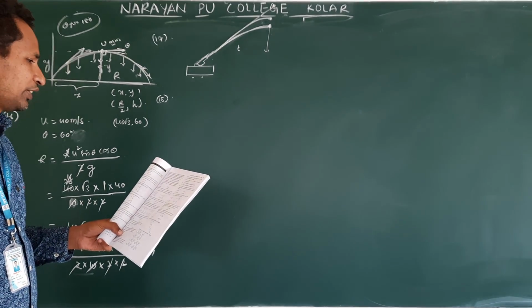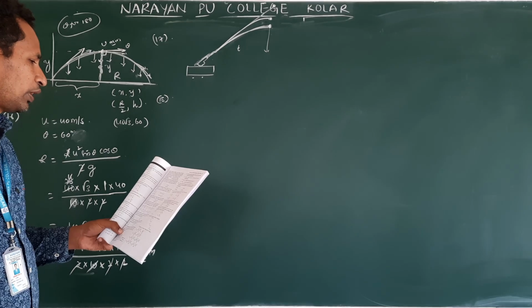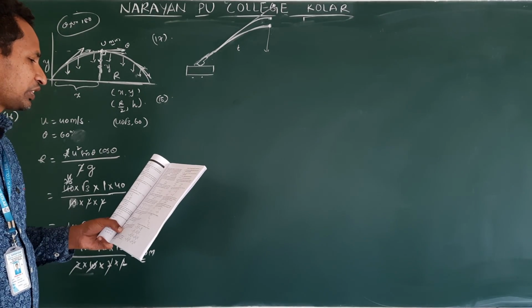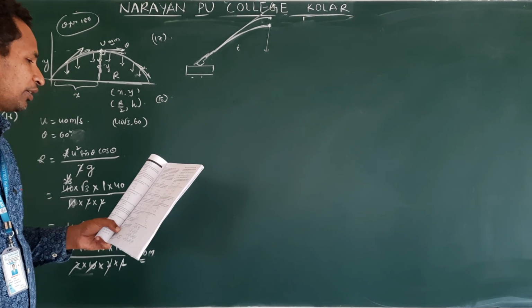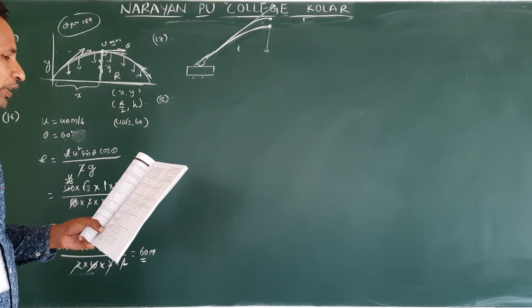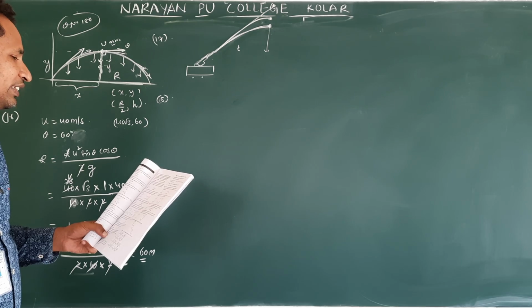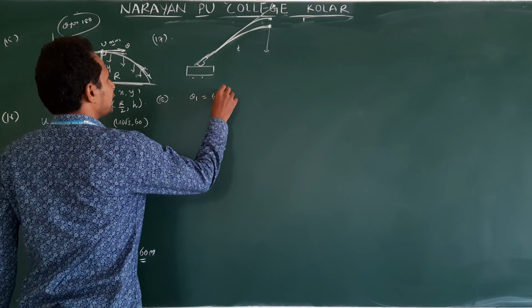So next, question 18. Two balls are projected with the same speed such that the range is the same. For one ball, the angle of projection is 60 degrees and the maximum height is 1 or 2 meters. Find the maximum height reached by the other. Okay, very simple. The range remains the same. One angle is given: theta 1 is 60 degrees.